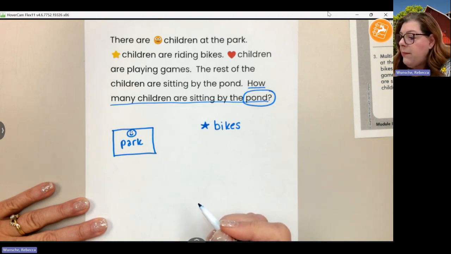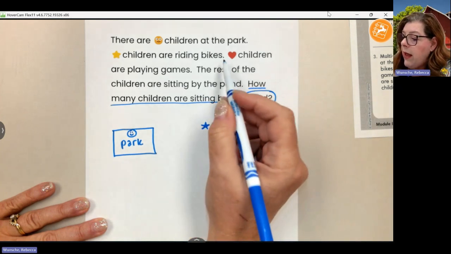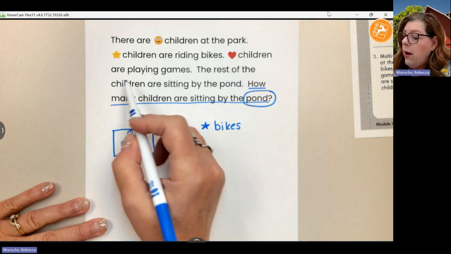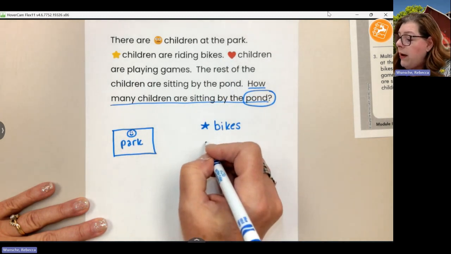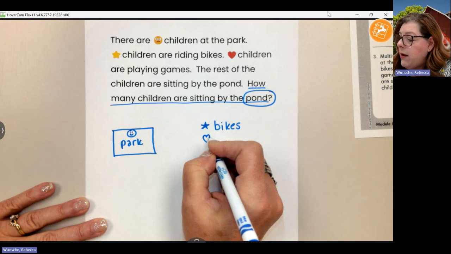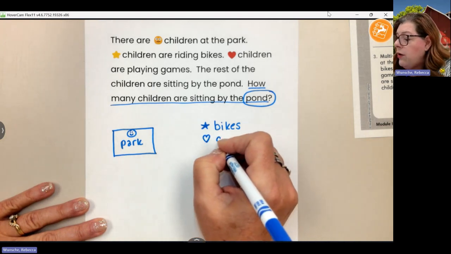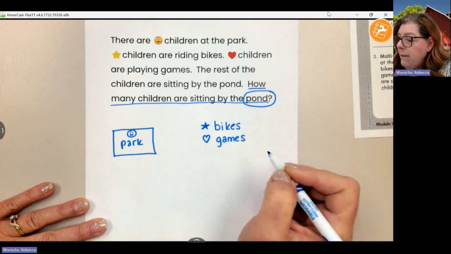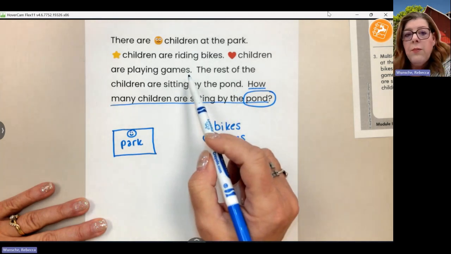That's my note for that. So I've taken care of that sentence. I'm going to go to the next sentence. Heart children are playing games. So I'm going to write that information down in my detective notes too. Heart children are playing games. Okay? That's everything I need to learn from that sentence.